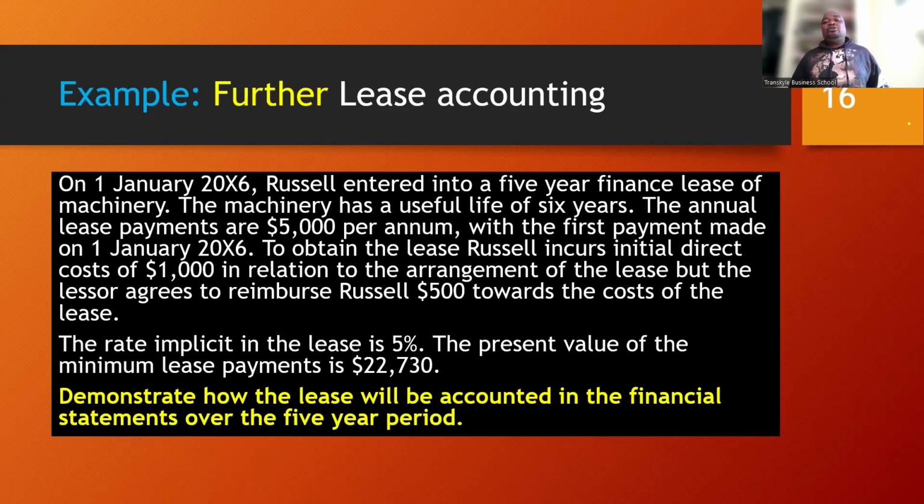The machinery has a useful life of 6 years. So you need to bear this in mind. The lease was a 5-year lease, but here the life of the asset is 6 years.